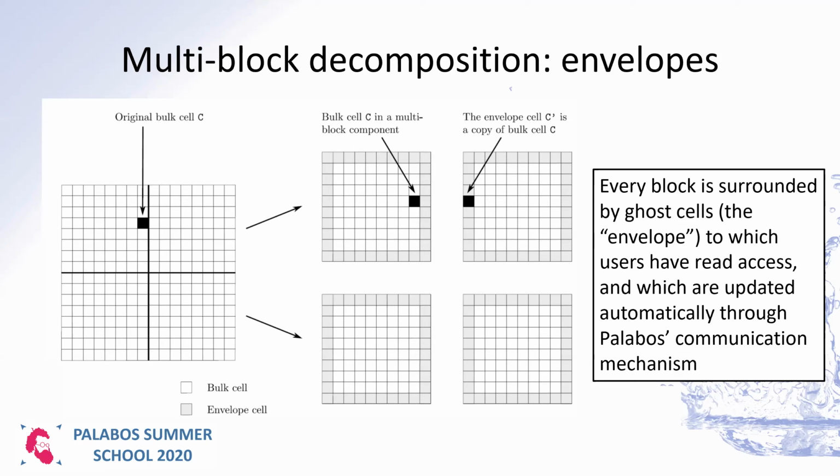When you execute an algorithm, for example, on the top right atomic block, you can expect that you can access some sort of neighboring data depending on the thickness of the envelope, which has been updated with the proper values by a mechanism belonging to Palabos. So this is the idea of these envelopes. Then I will show you how you actually write the data processor.